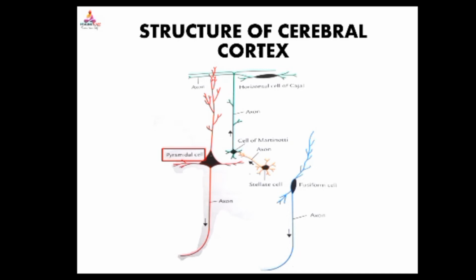The axon enters the white matter as projection fibers. Next is the satellite cells, which are much smaller than pyramidal cells, and their cell bodies measure about 8 micrometers in diameter. They have a star-shaped body with short axons and many dendrites.